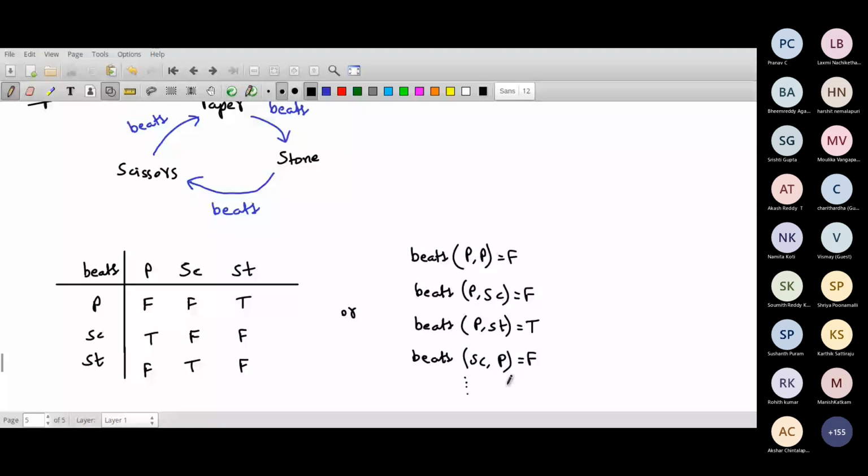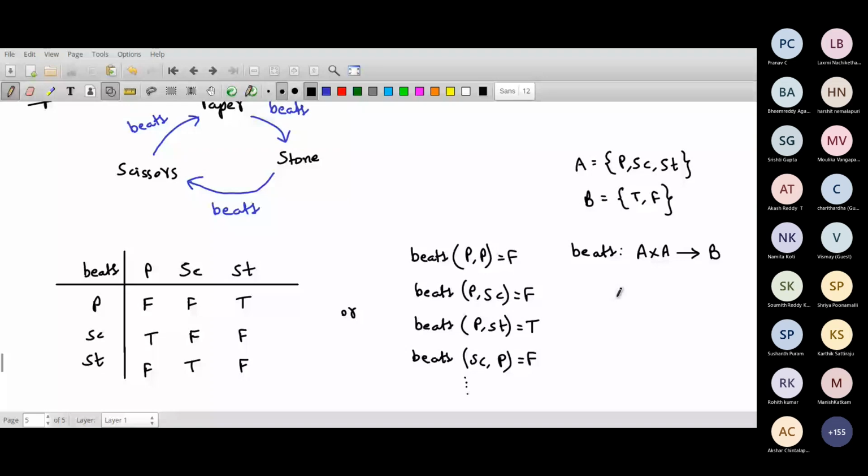And if we assume two sets, that is A is paper, scissors, and stone, and B is true or false, then this beads function can be represented as A cross A mapping to B, right?